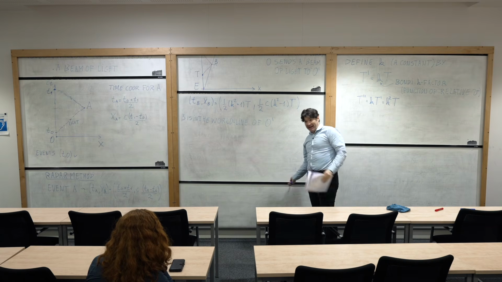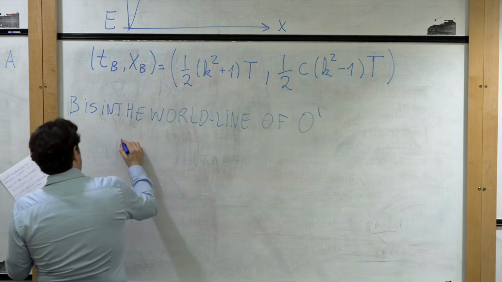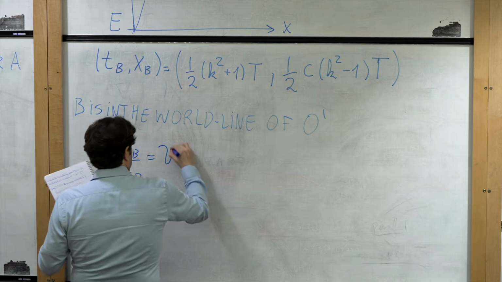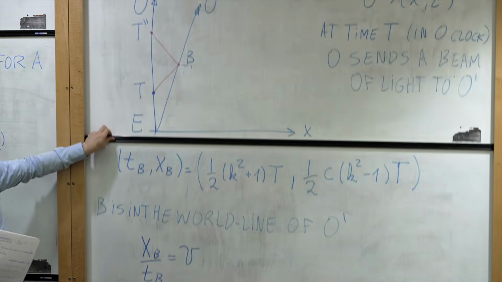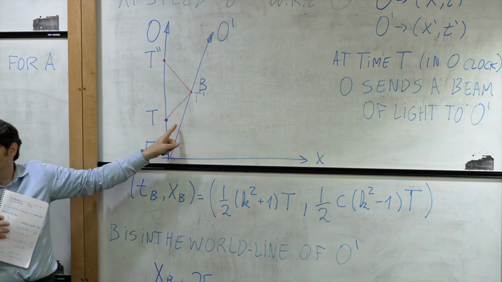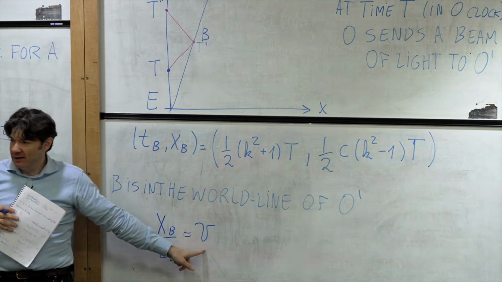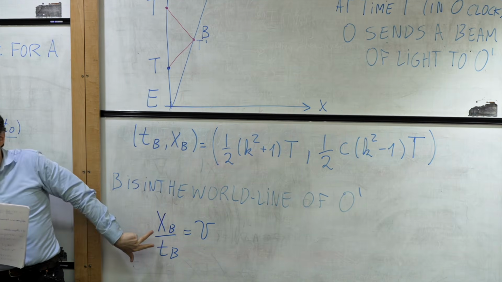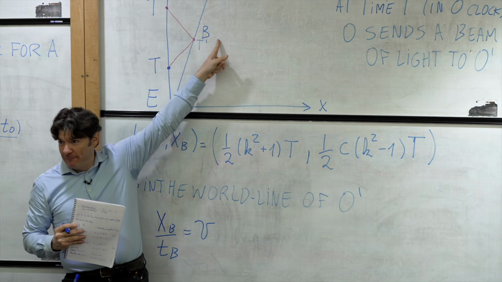So it has to be the case that XB divided by TB is equal to v. This would be true for any point in this line, because that's what defines this line from the point of view of O. It's just the fact that O prime is moving at the speed v. So any point in this line, the two coordinates would have to satisfy this. In particular, this point here.